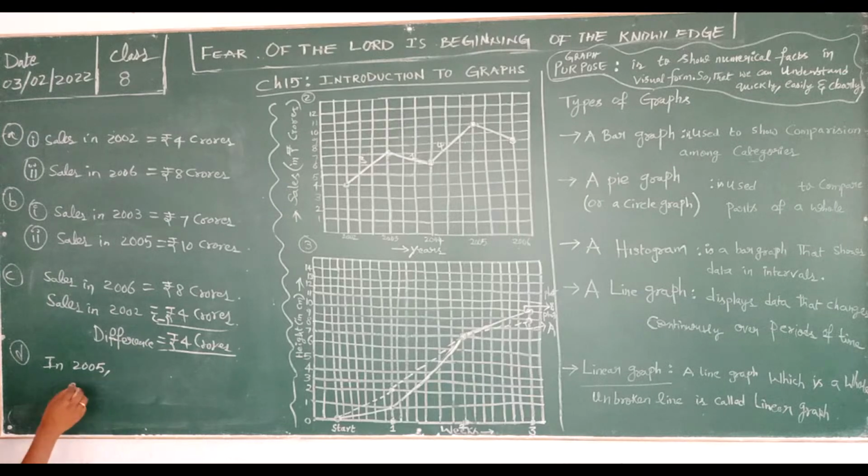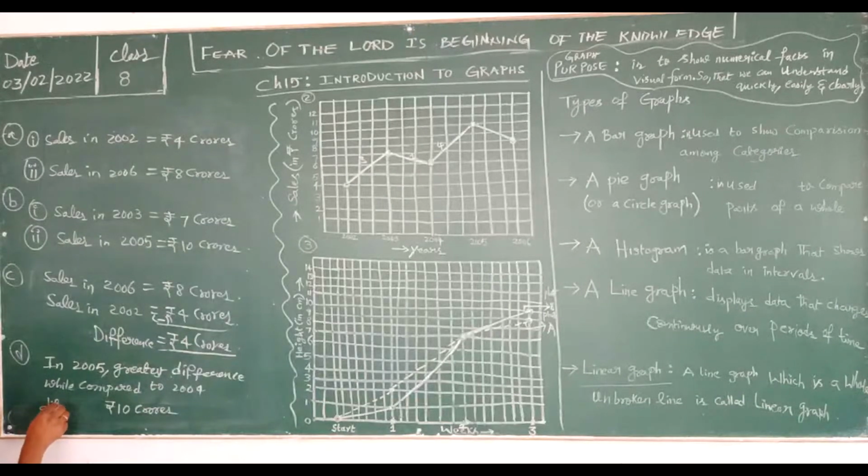So you can write in 2005 sales, and then 2004. So what should be the difference? You know that first, in 2005 it is 10 crores.